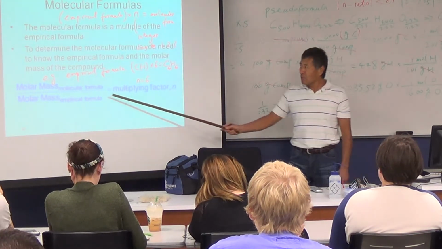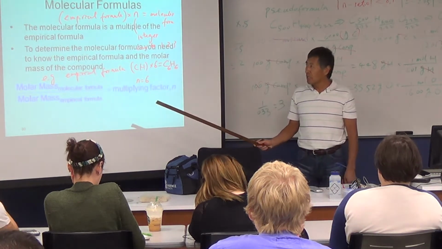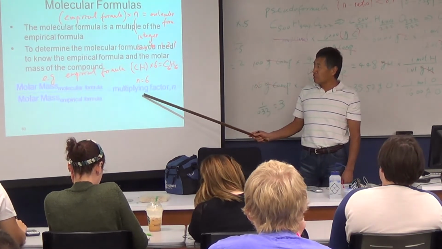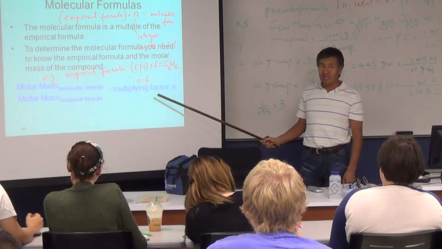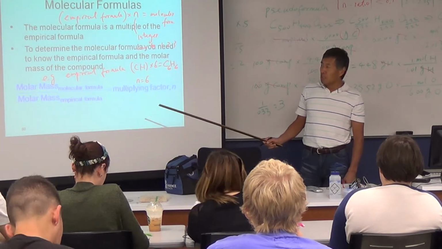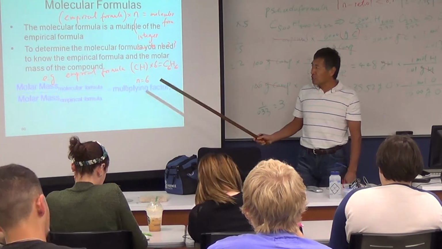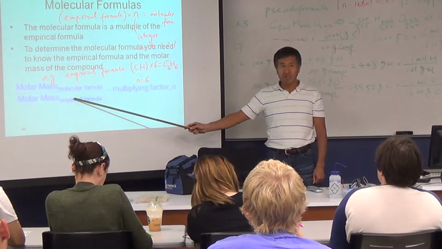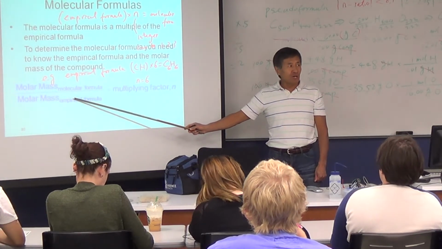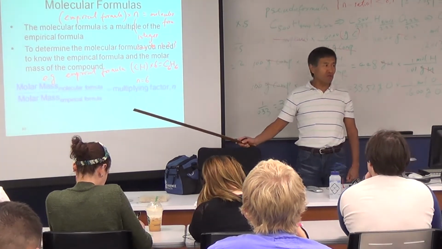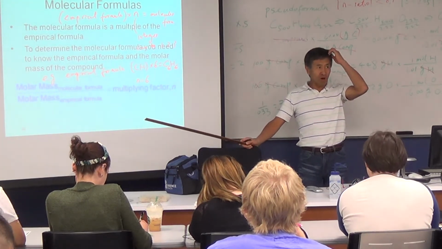And then let's look at this formula carefully. So what is the information we need to find out this n? The information we need is the empirical formula. Okay? So I assume you'll be able to find the empirical formula from the last few programs.